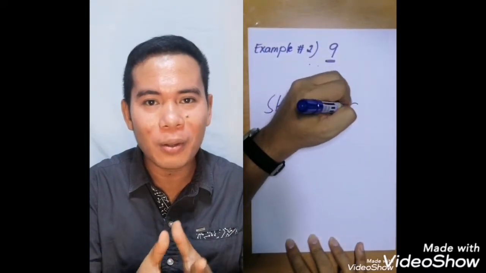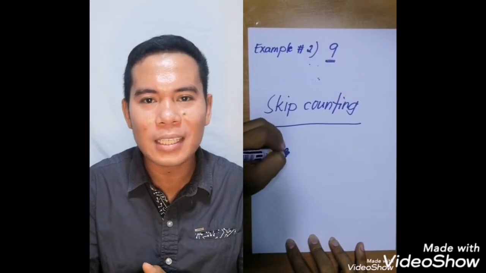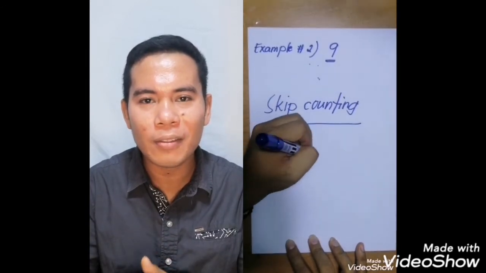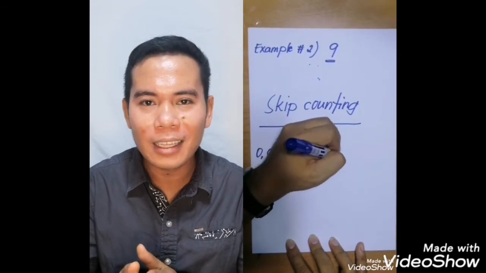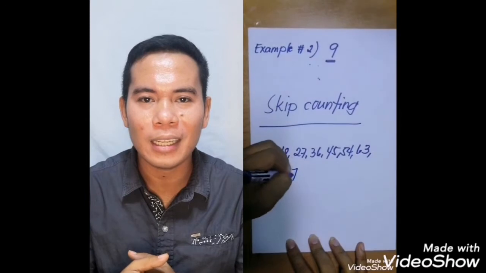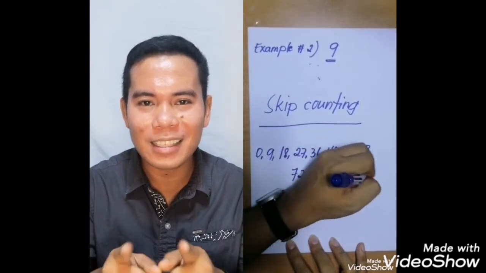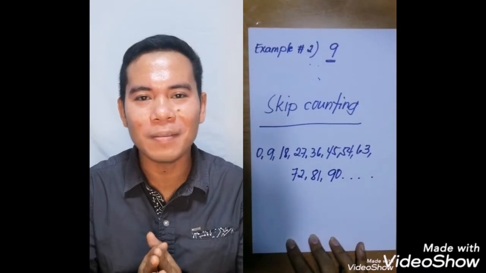So when you skip count by 9: 0, 9, 18, 27, 36, 45, 54, 63, 72, 81, 90, and so on, those are the multiples of 9. We just simply do the skip counting. That's it. Any question?